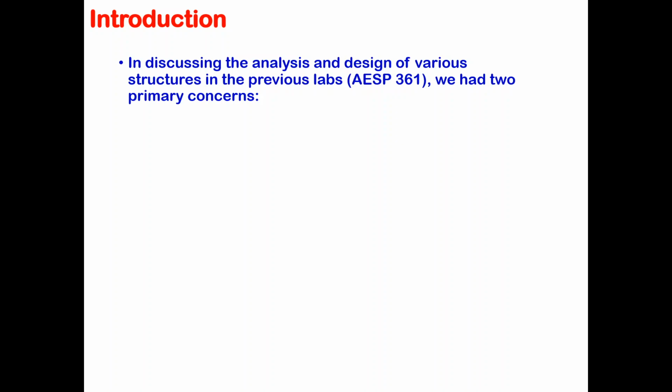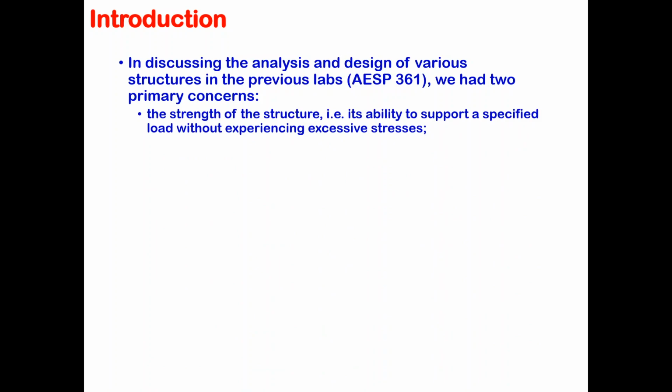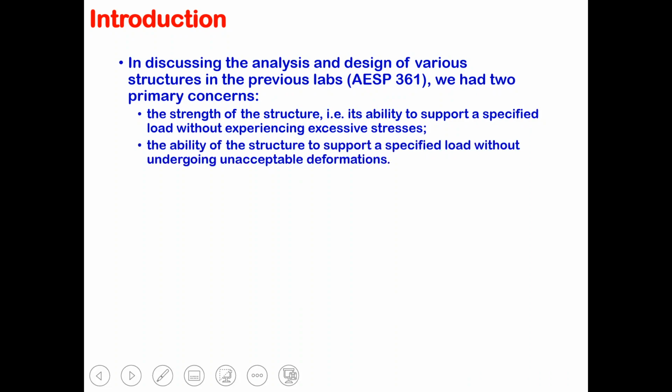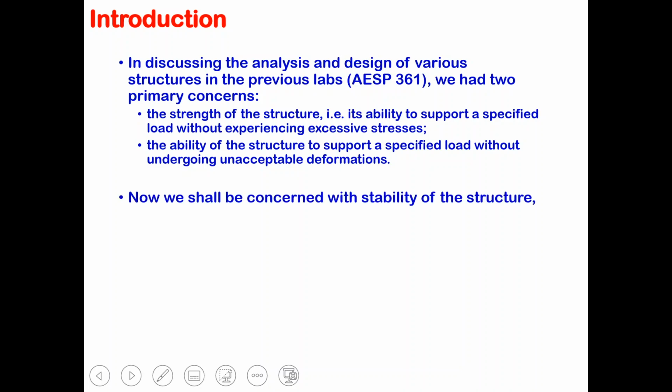Okay, so in your previous lab, in the previous courses in general, we had two primary concerns as far as the mechanical testing was concerned. The first one was the strength of a structure, meaning its ability to support a specified load without experiencing excessive stress. And the second was the ability of the structure to support a specified load without undergoing unacceptable deformations, right?